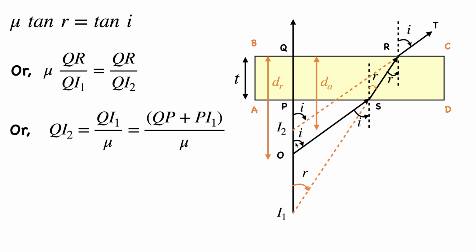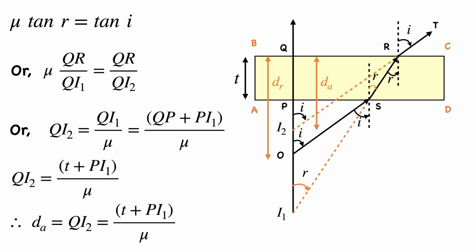Now QI1 is equal to QP plus PI1 by mu, and QP is equal to T, so we have QI2 equals T plus PI1 by mu. So the apparent depth of the object, that is the depth of I2 below the surface CD, dA equals QI2, which is T plus PI1 by mu.